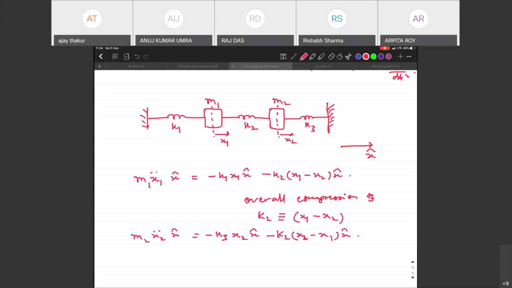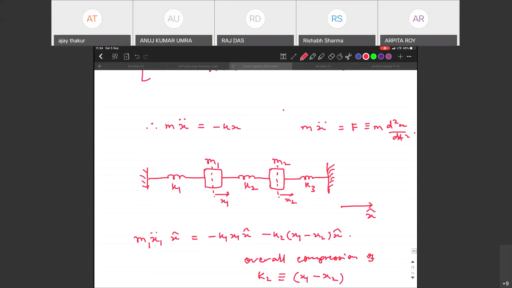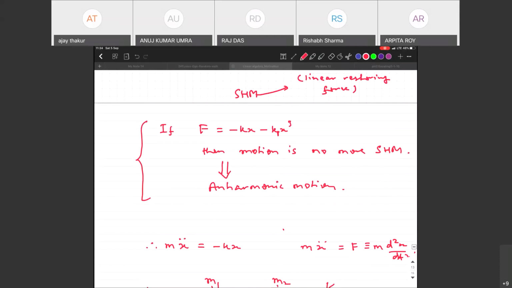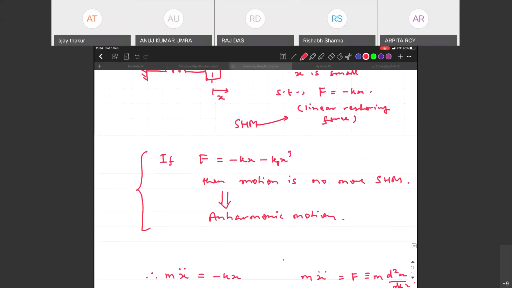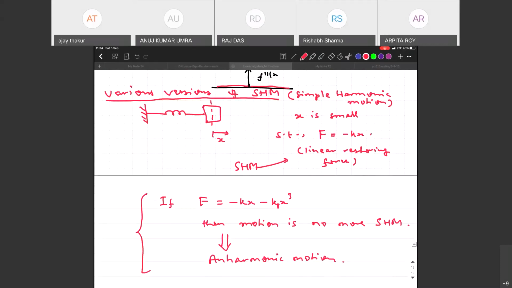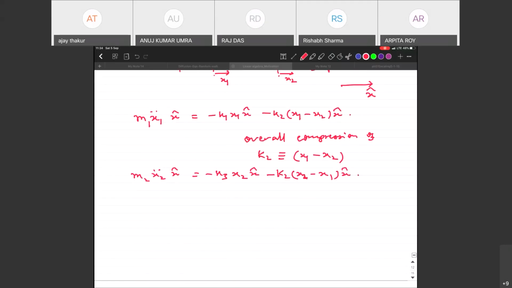At the moment, you have to understand that we are restricting to simple harmonic motions. We are not considering anharmonic motion. Anharmonic motion has its own set of techniques called perturbation techniques, which people use to solve them only under restrictions that the anharmonicity is small.